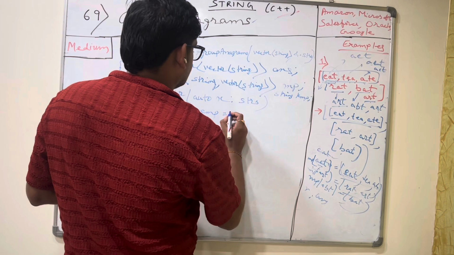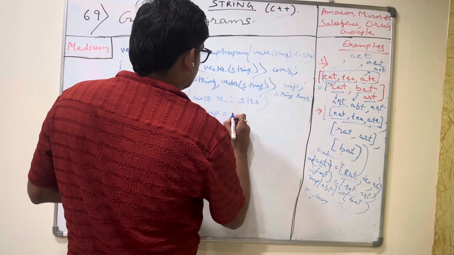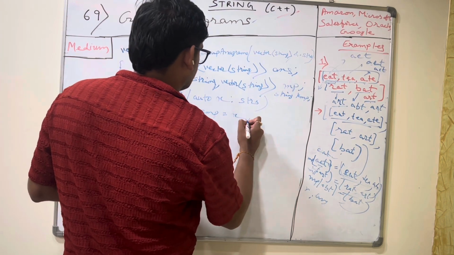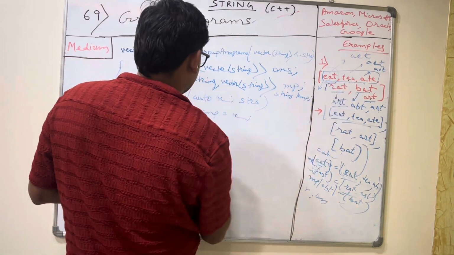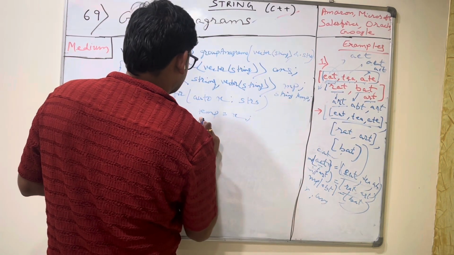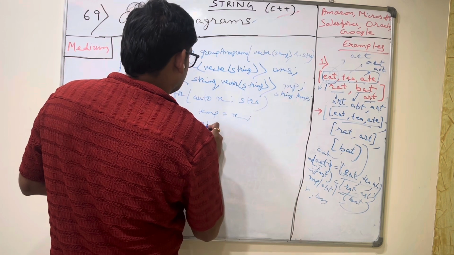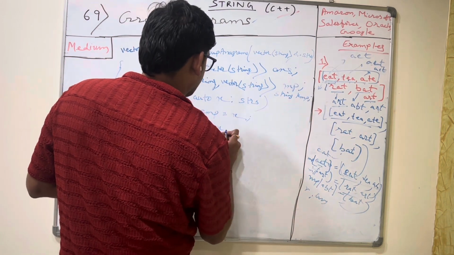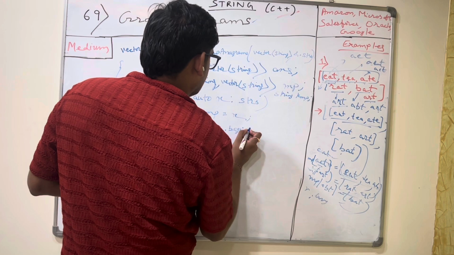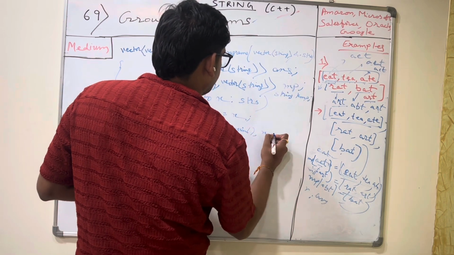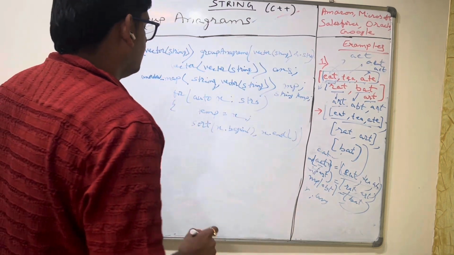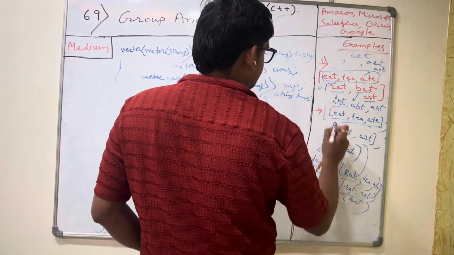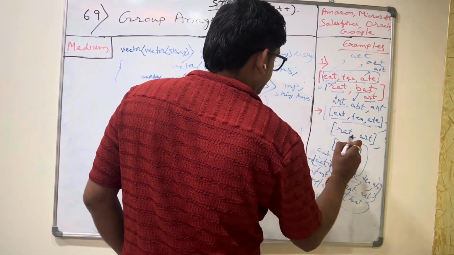So temp gets x, the original value EAT, and then we sort it. So sort x.begin, x.end, this is the library you must know in C++ STL. Now this has been sorted and converted to AET.